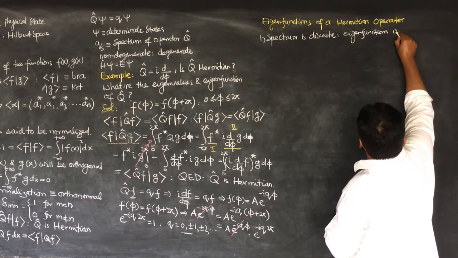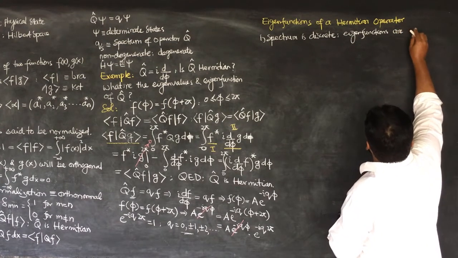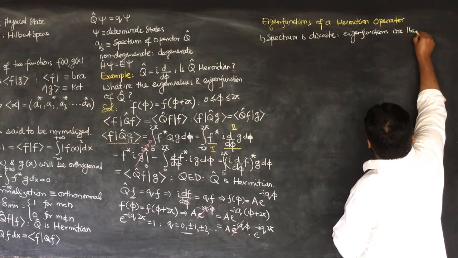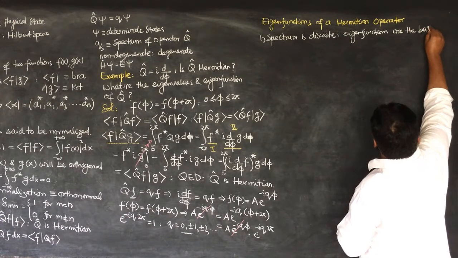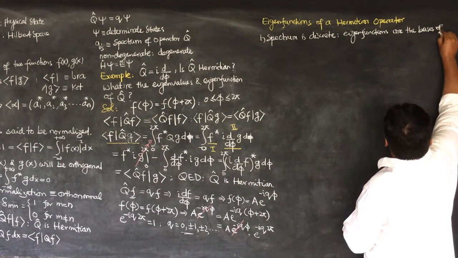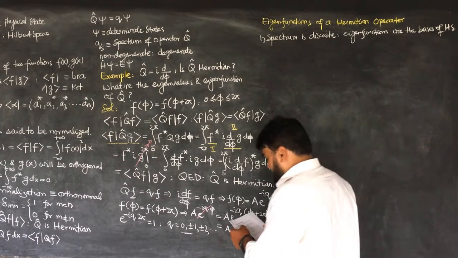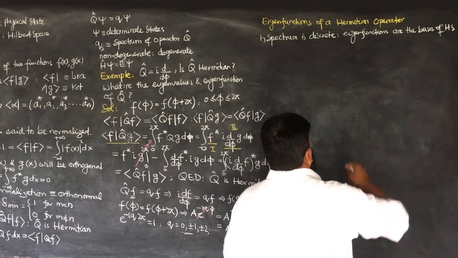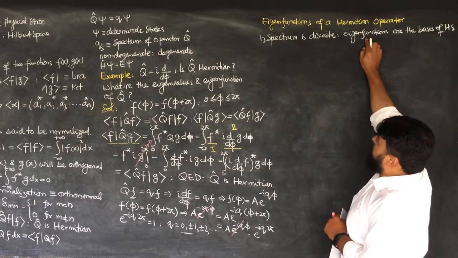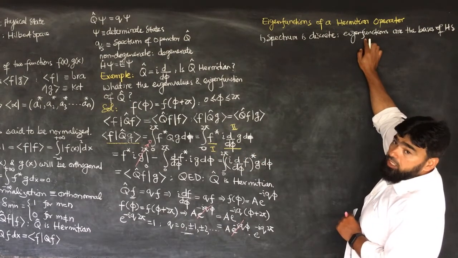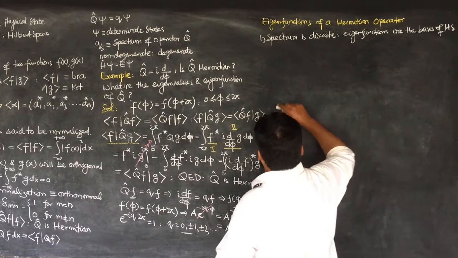Eigenfunctions constitute the bases of Hilbert space, and they actually correspond to physically realizable states, the physical states of a system.